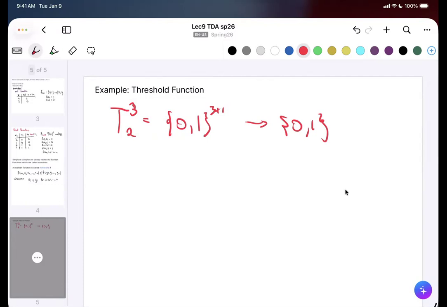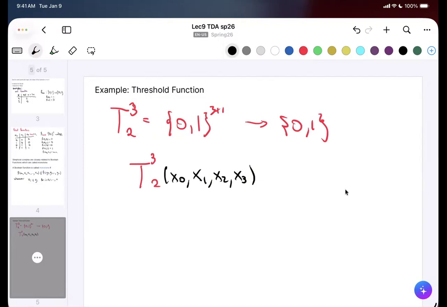meaning that its input is 4 Boolean variables. This 3 is just the last index for the last Boolean variable, because we start our indices at 0.